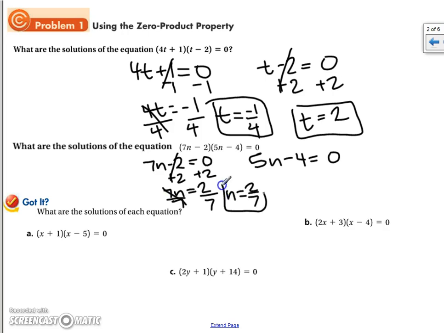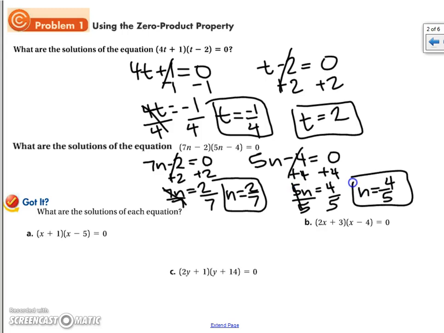The second one, we add 4 to both sides. We're left with 5n equals 4, and then divide by 5, and we have n equals 4/5. So our two solutions for this problem are 2/7 and 4/5. Again, remember, set both of them equal to 0, solve them separately, and those are your two solutions.